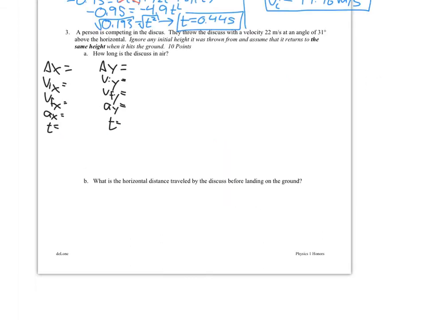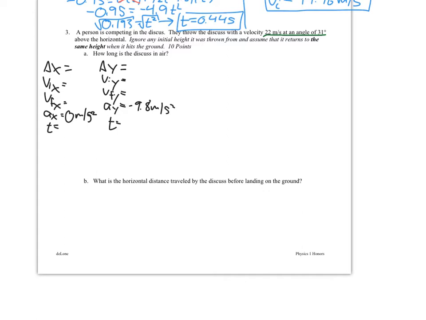Alright, so we move on down to this one, and here we have a discus being thrown at a velocity of 22 meters per second at an angle of 31 degrees. So what I'm going to do, obviously I can of course fill in my two accelerations first, 0 in the x and negative 9.8 meters per second squared in the y.